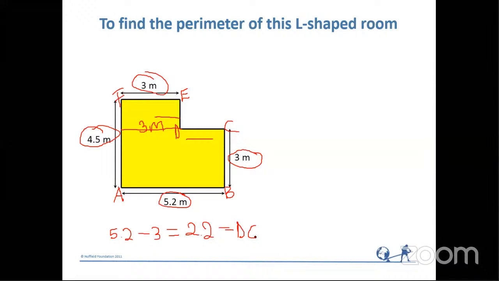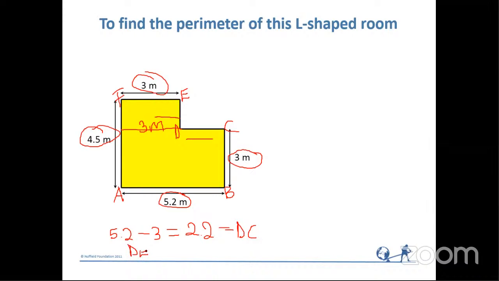Then, how do we find DE? What is DE equal to? I hope everyone is still listening. Bridget, how do we find DE?